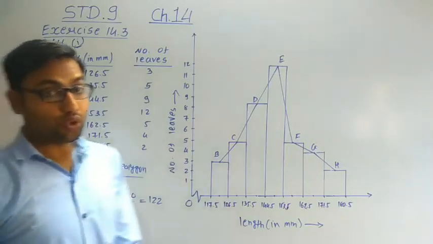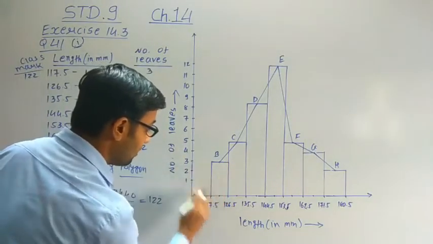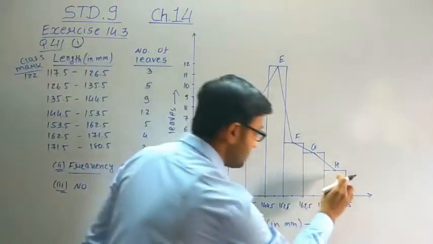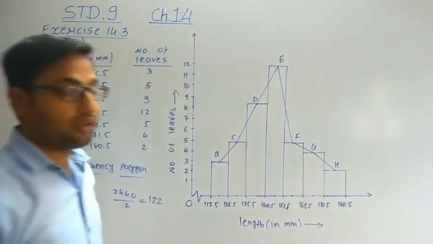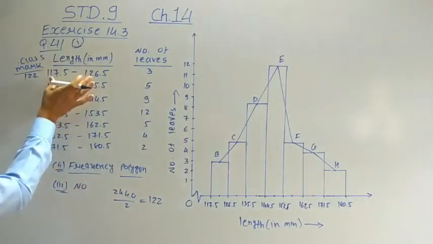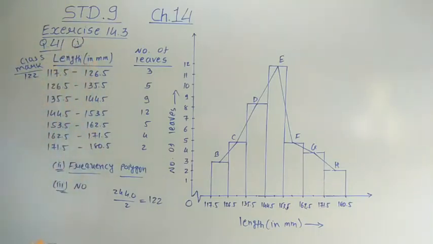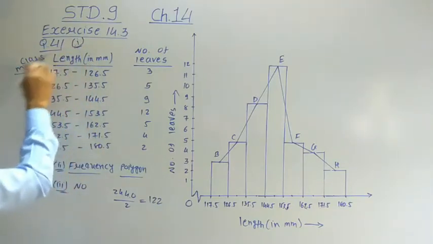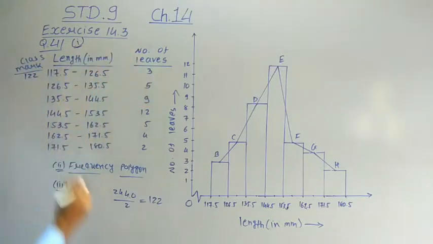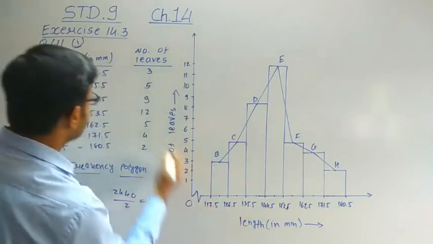Polygon means a closed figure, but this figure is open. From here nothing is there, this is open. This is also open from here. So to close this, what do we have to do? We have to add one more class before this. If we add one more class before this, there are no frequency values, so we can take the frequency equal to 0.